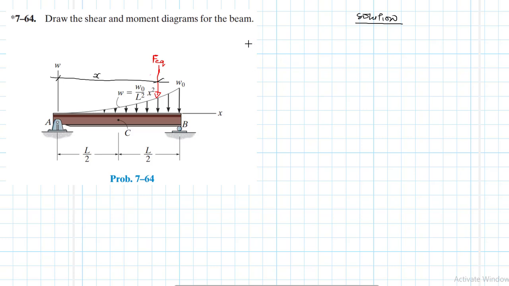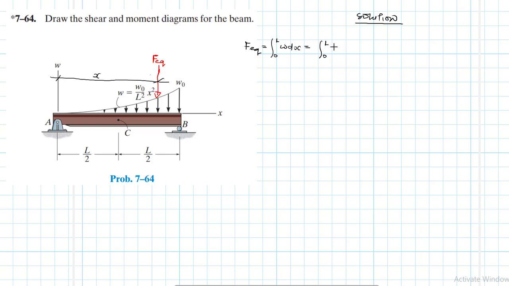To find F_EQ, we are going to use integration, integrating from 0 to L the function w dx.